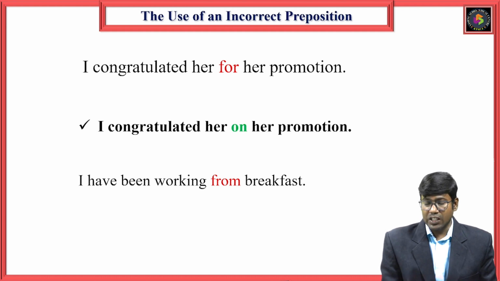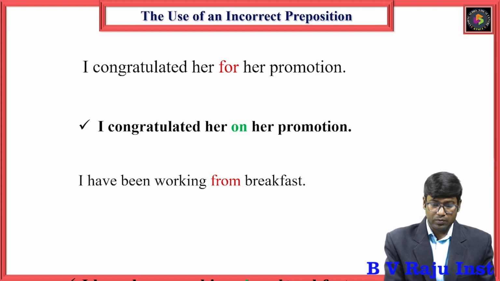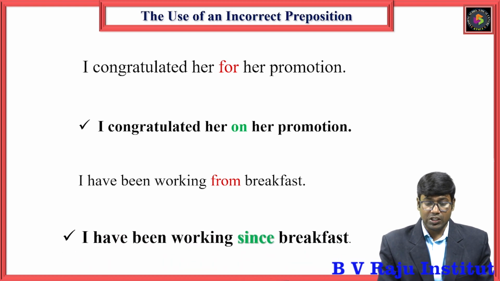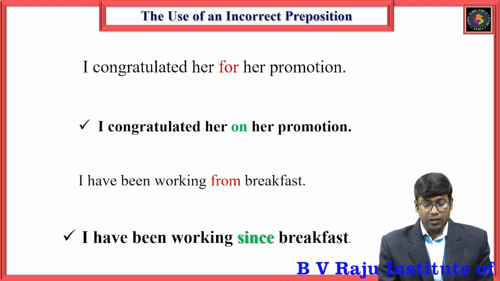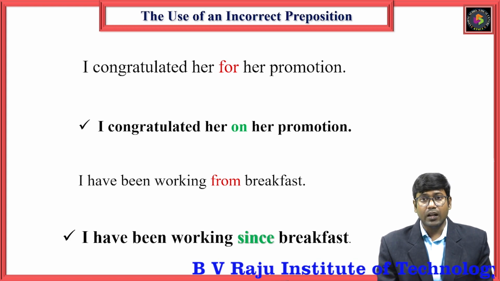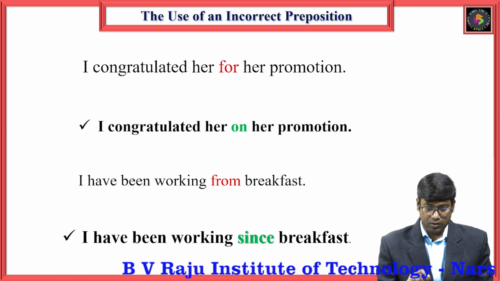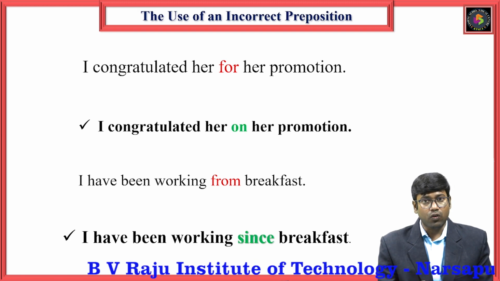Now I have seen that many students in the classroom often make mistakes with these prepositions. So we should make a clear understanding of where it should be since or for.